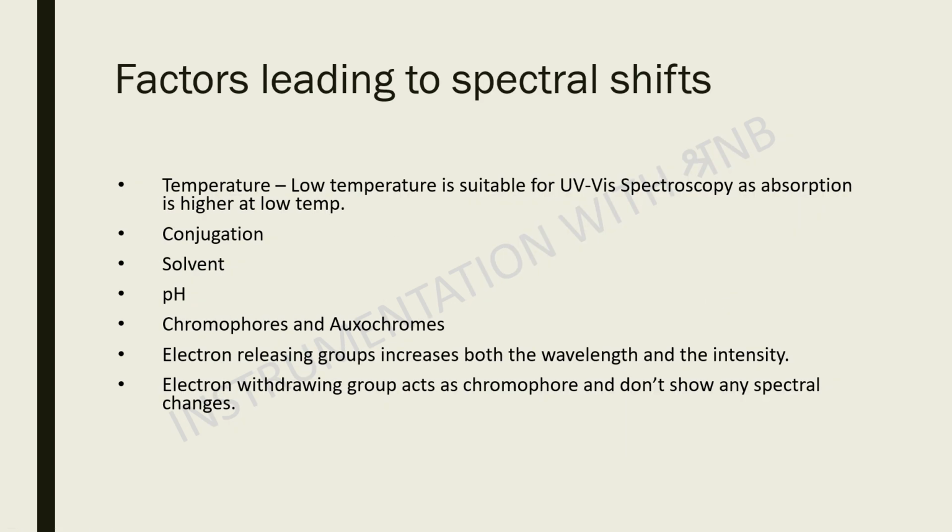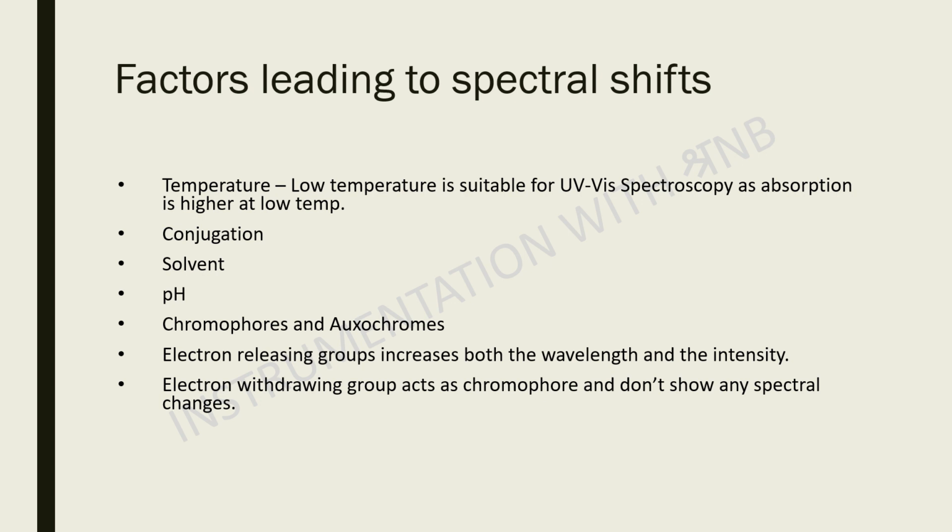Factors leading to spectral shifts. Temperature: low temperature is suitable for UV visible spectroscopy as absorption is higher at low temperature. Other factors include conjugation, solvent, pH, chromophores, and auxochromes. I'll discuss each one of them separately. Electron releasing groups increase both the wavelength and the intensity.